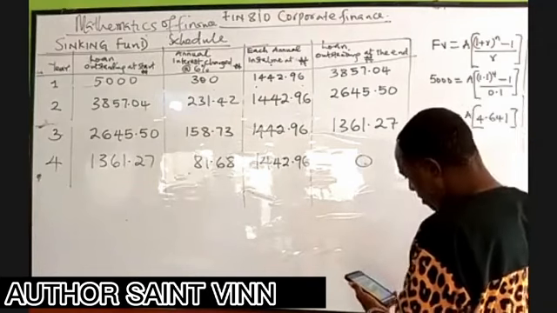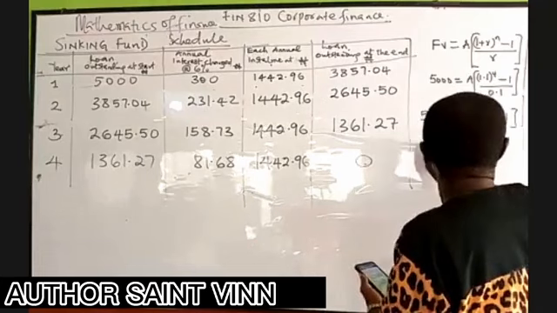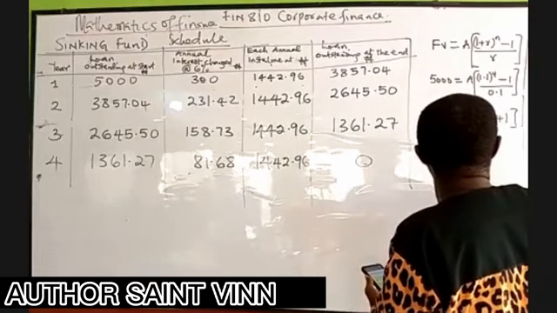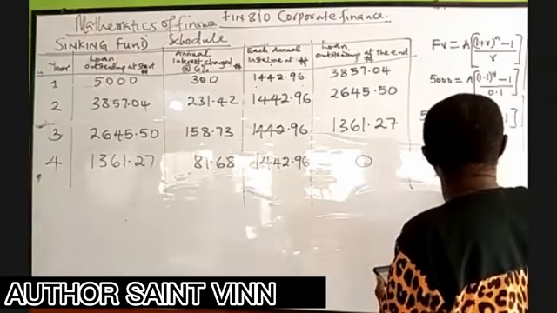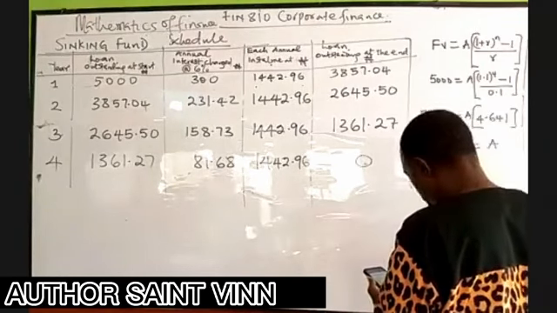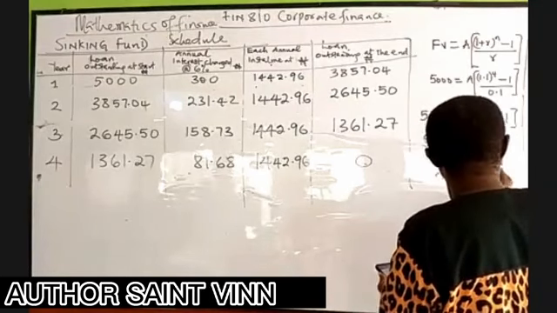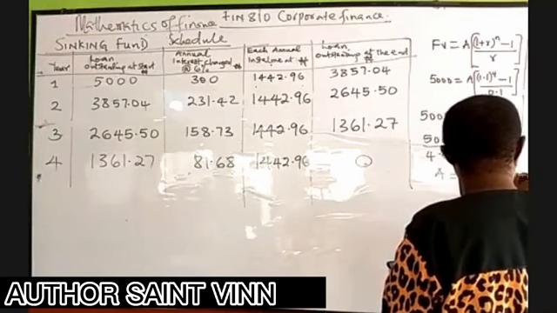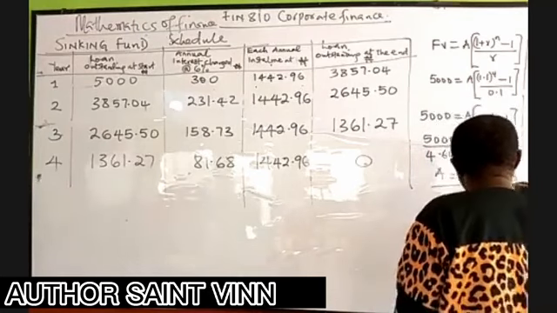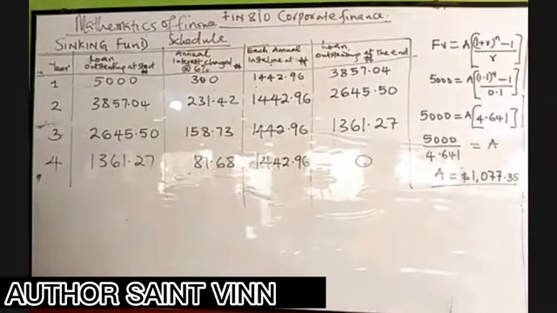We now divide: the coefficient of A is 4.641, so the amount is 1,077.35. We're there. That's what we got before we left.